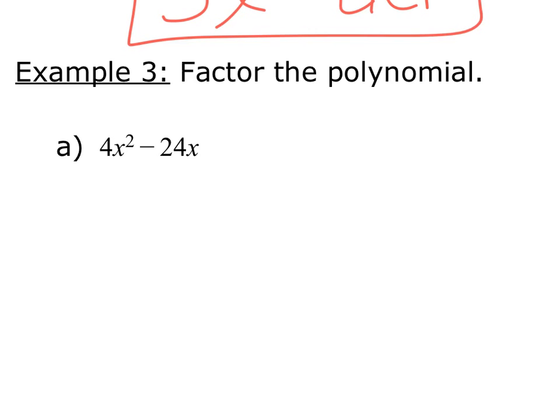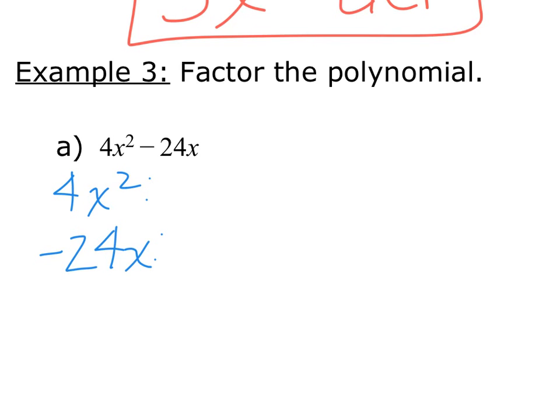Let's start by writing the prime factorization of each term. This is important: if it says minus, that minus is going to stay with the term directly after it. So that's going to be a negative 24.